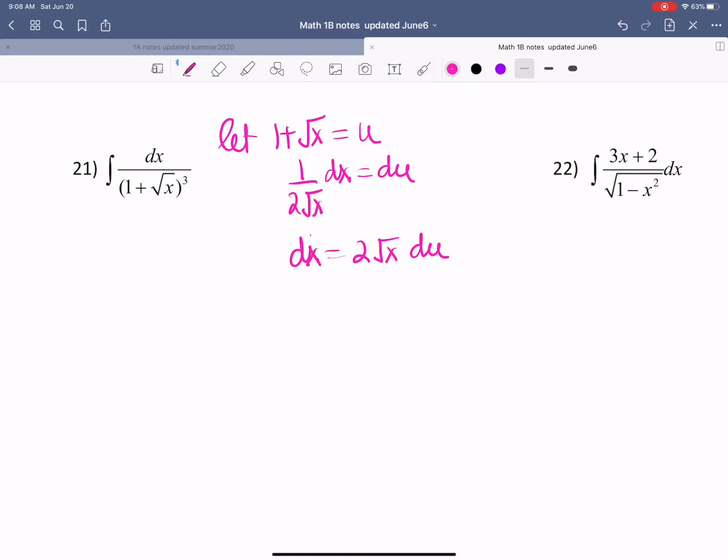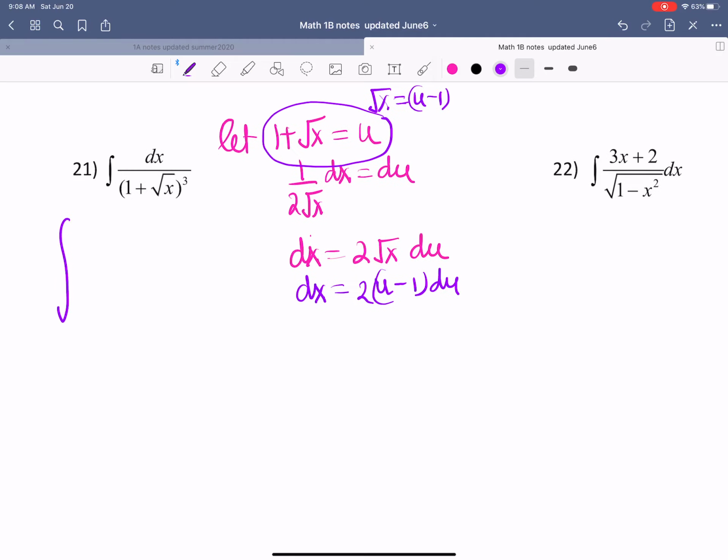We can say dx be 2 root x du. And from here, I can say root x is equal to u minus 1. Root x, it's a little bit trickier u substitution. So we can say dx will be u minus 1 times 2 du. So this becomes 2 times u minus 1 du, and the top is u to the third power.